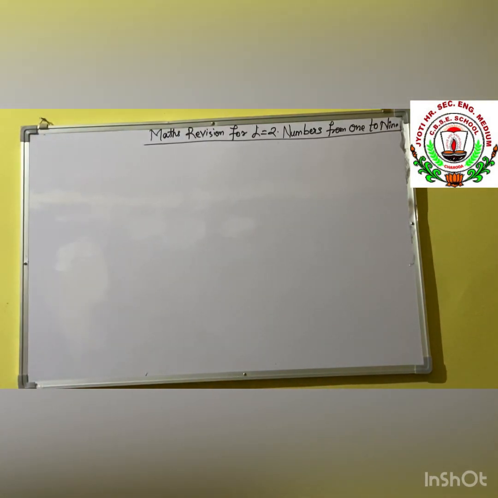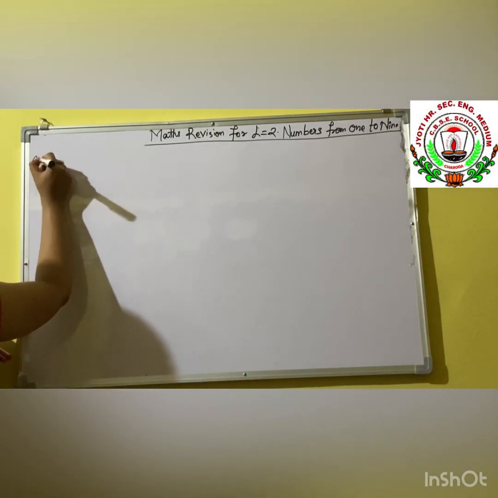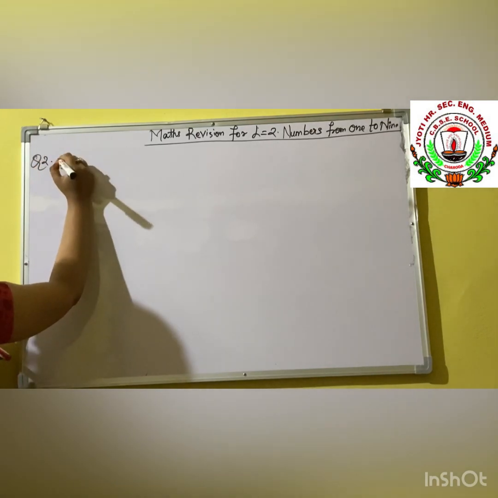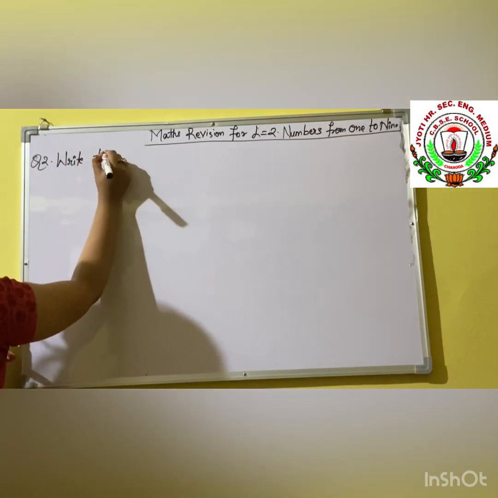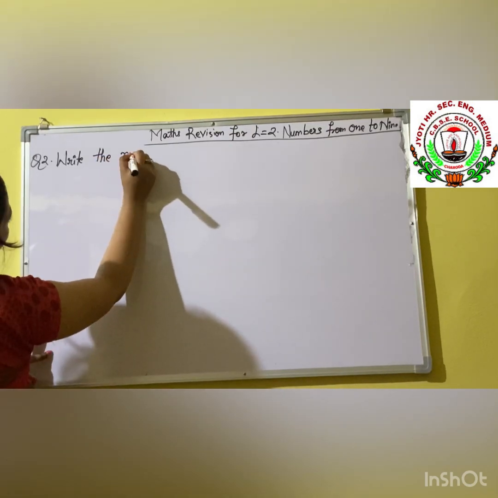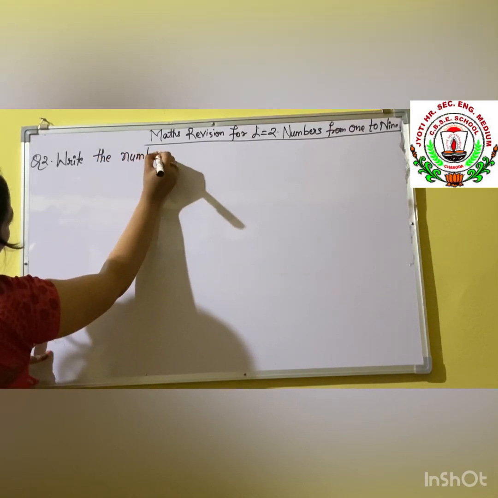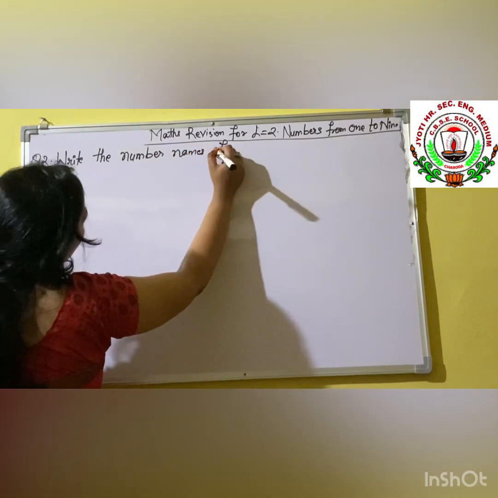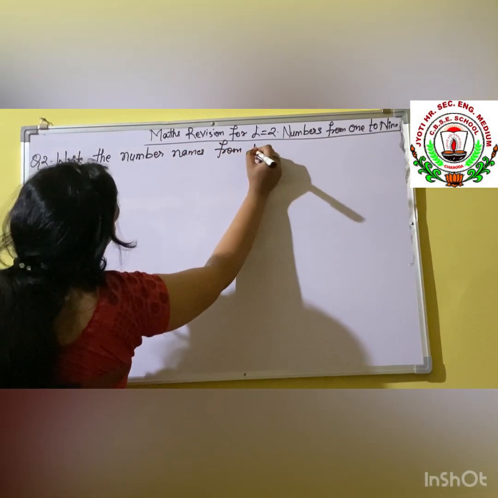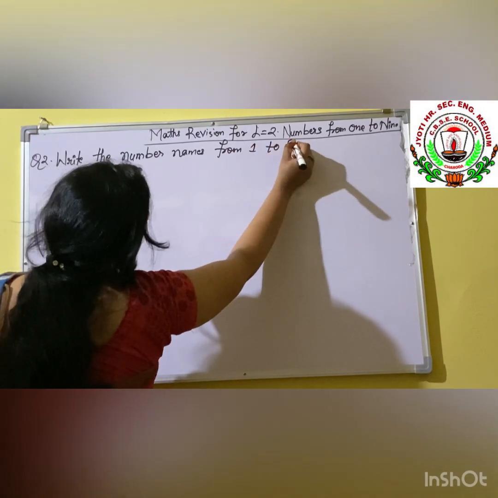Now next one is write the number names. You have to write the second question. Write the number names from 1 to 9.